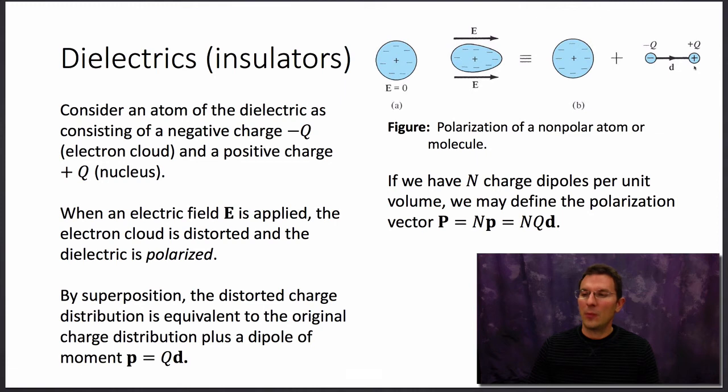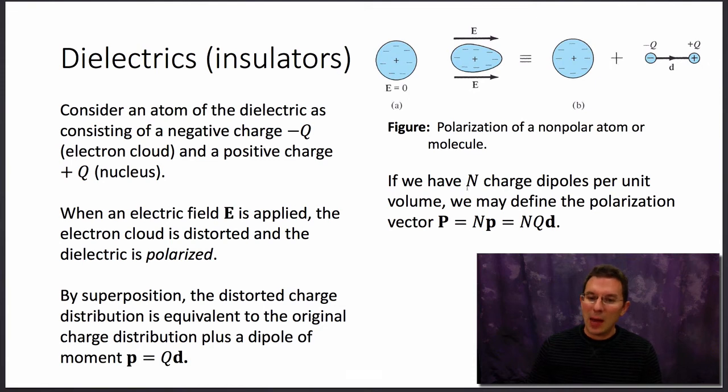So a dipole of moment qd here. So if we add our original charge distribution to this charge distribution, we will get our polarized charge distribution. So what we're trying to say here is that the effect of applying an external field to an atom is essentially as though you've added a little dipole field to the original field. That's essentially the idea, okay?